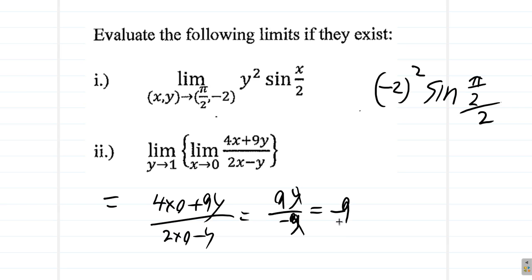It turns out to be negative 9 when I substitute directly. I don't know. It's easier than I thought it would have been. I thought there was some kind of trick to it, but just substituting and I get a limit.